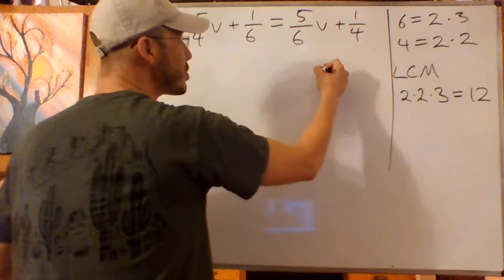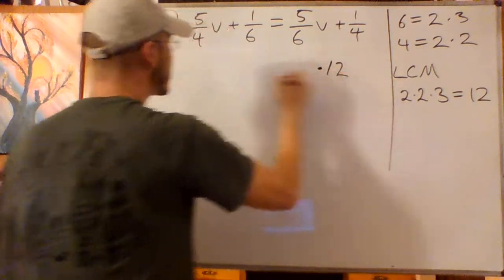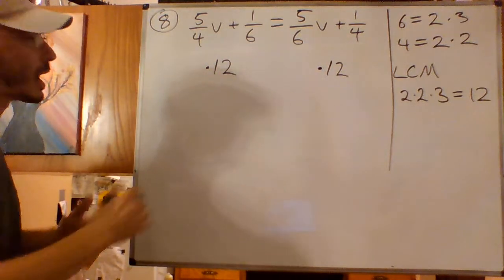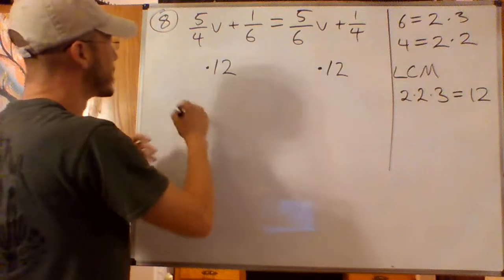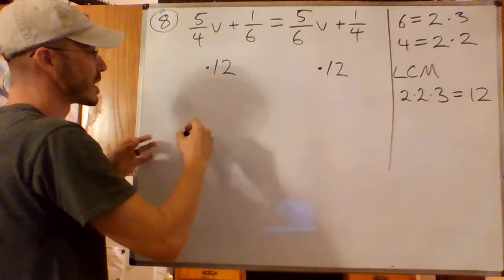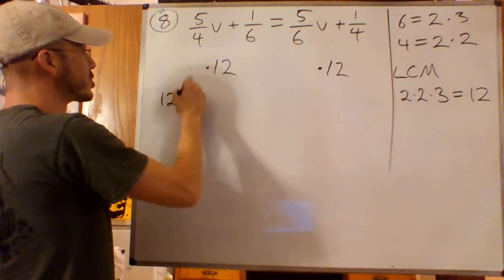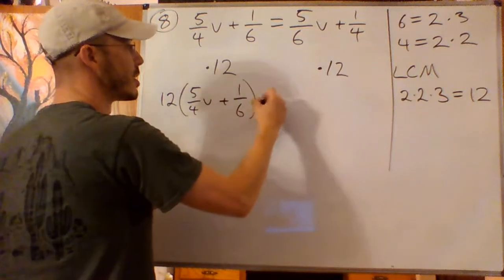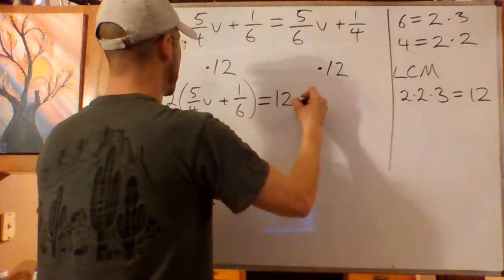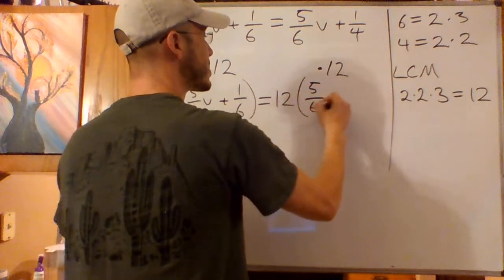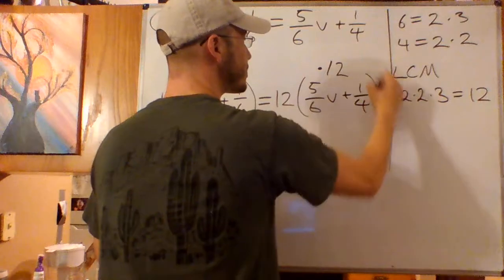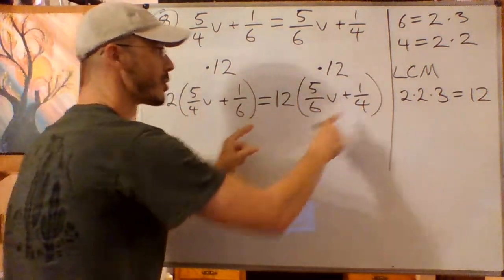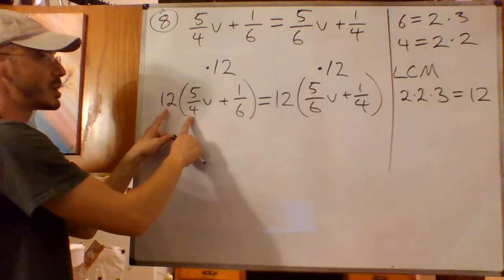What I'm going to do is multiply both sides of the equation by 12. And I am going to do this step carefully because it's easy to get confused on distributing, but what I'm saying is 12 times 5/4 v plus 1/6 equals 12 times 5/6 v plus 1/4. And what I have to do with that 12 is distribute it for both of them.